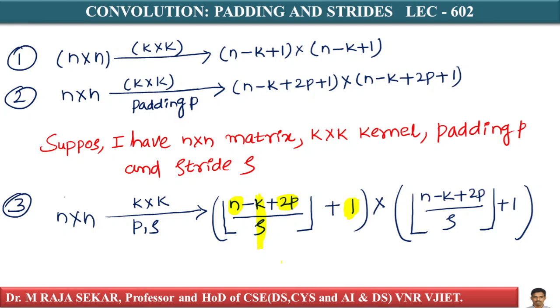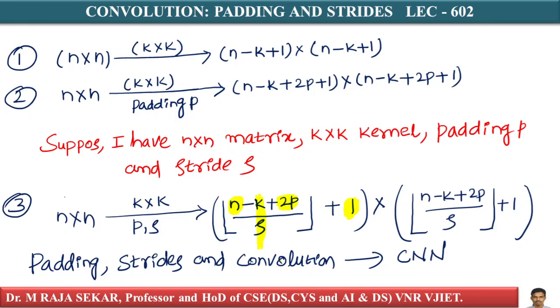Whenever you are using convolution, padding, or strides, you can use these three simple equations. Actually, you don't have to remember these equations. Padding, strides, and convolution are three of the most important operations that will be used to construct convolutional neural networks.